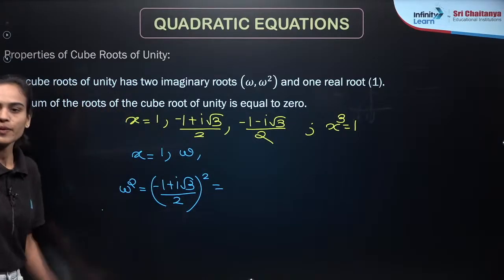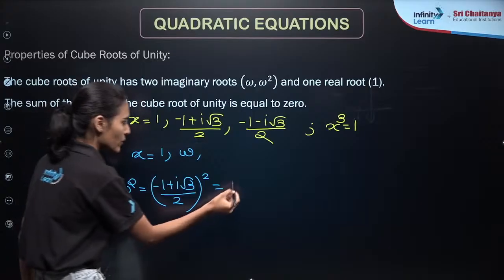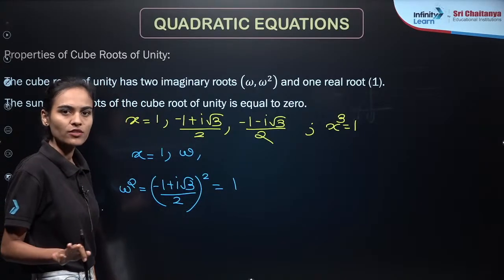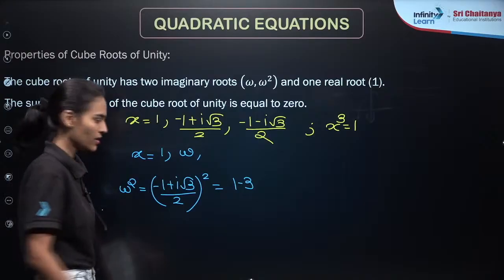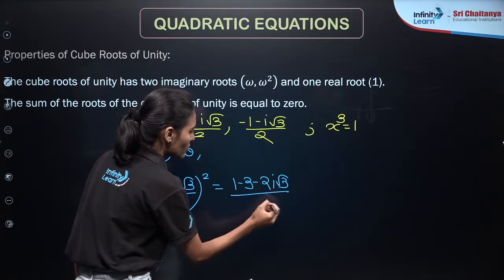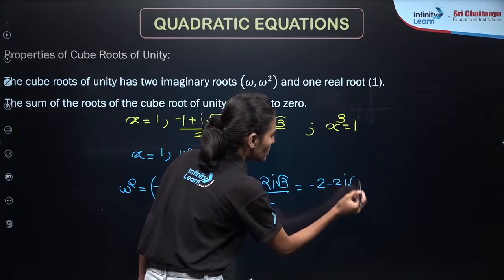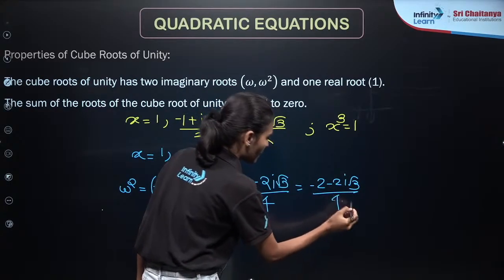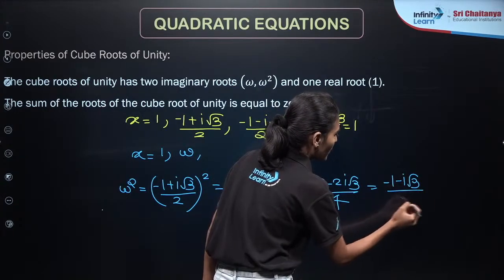It is nothing but minus 1 plus i root 3 whole square upon 2 square. Minus 1 square is 1, i square is minus 1 into root 3 square is 3, minus 2i root 3, divided by 2 square is 4. So it is minus 2 minus 2i root 3 divided by 4, and it is nothing but minus 1 minus i root 3 divided by 2.